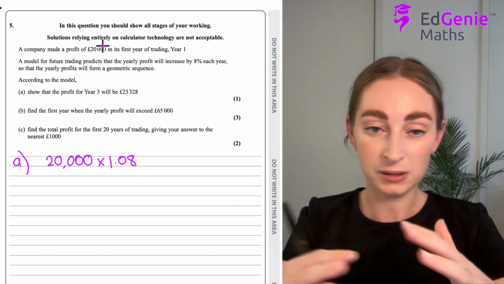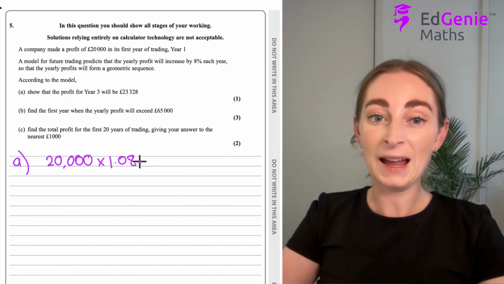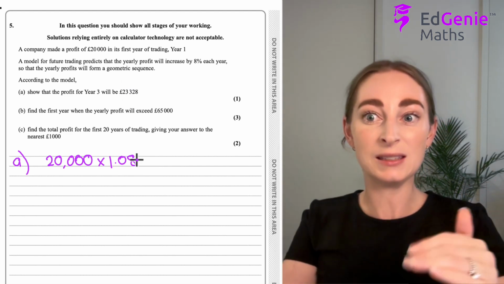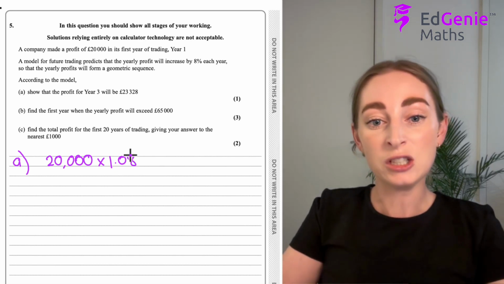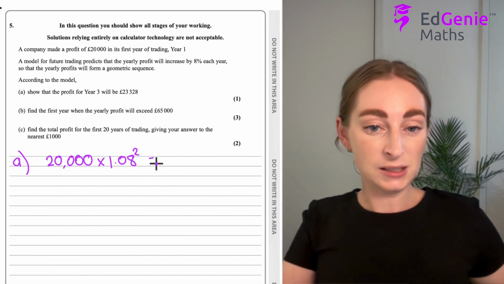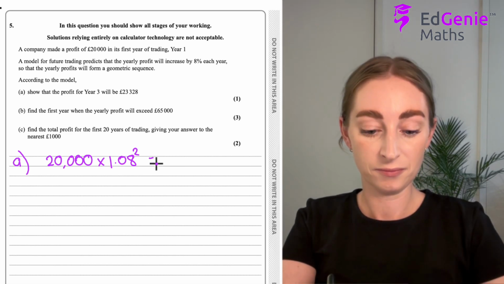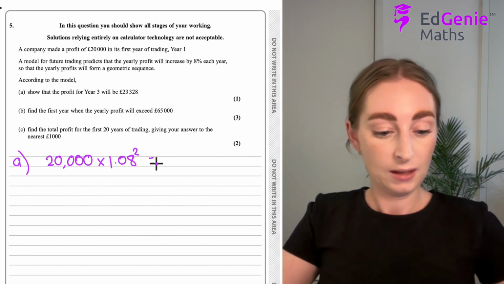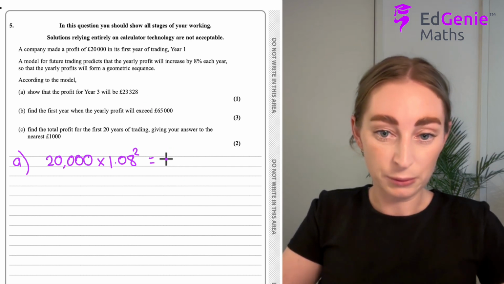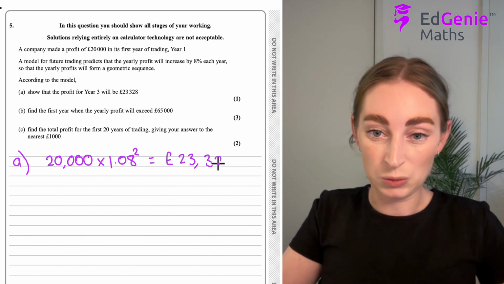Year 2, we don't care about that. Year 3 should be this, but actually that's only 2 years after we started. So we're going to put it to the power of 2. Put this into our calculator, and we get exactly what we wanted, 23,328.